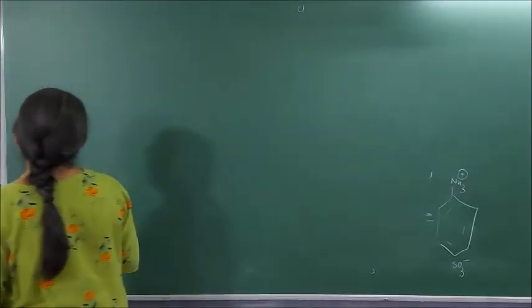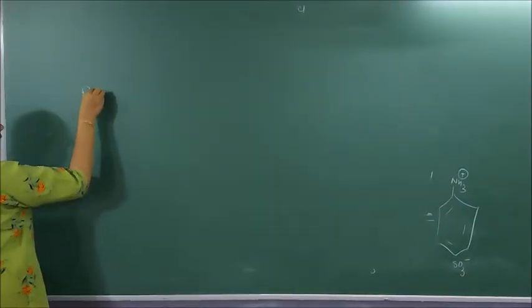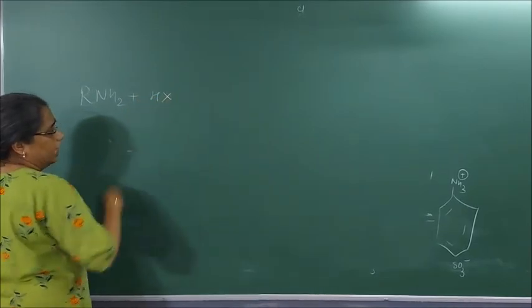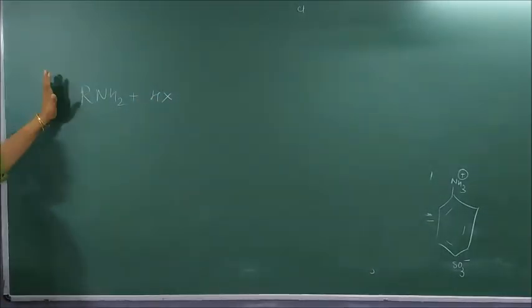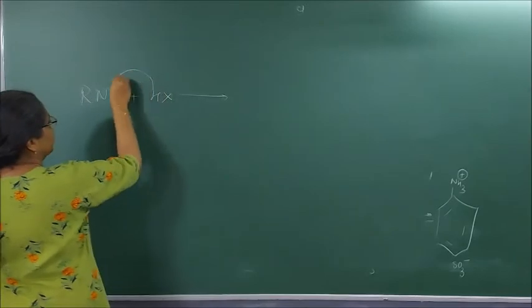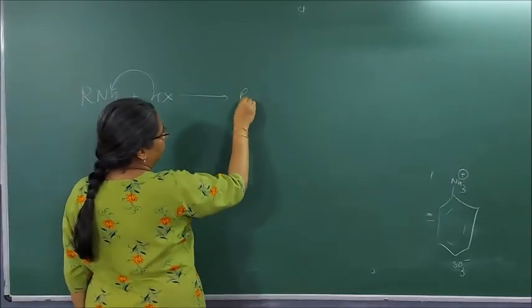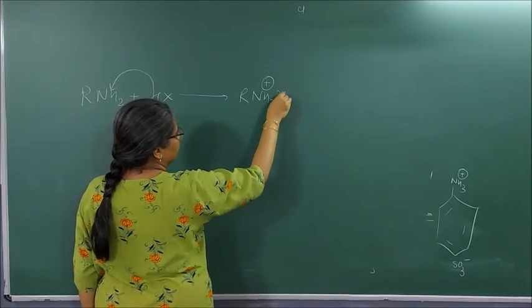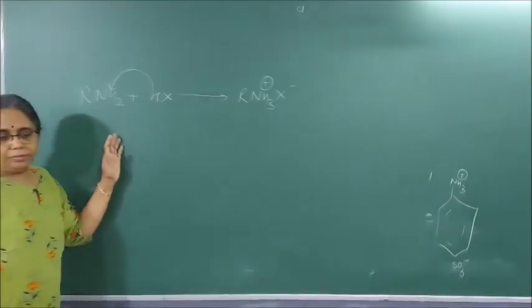So let us write a general reaction where we take both aliphatic as well as aromatic amines. First with aliphatic amines, I write an amine as RNH2, a primary amine, and react it with an acid. So it forms salt. How? This gets protonated. So it forms what? RNH3+ X-.